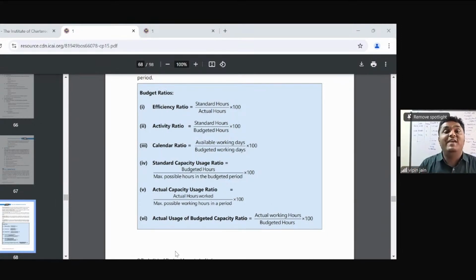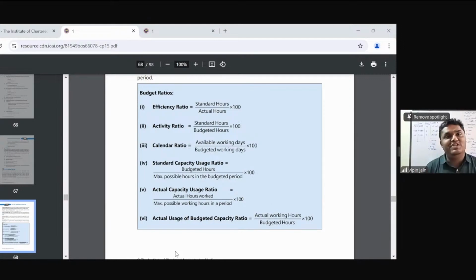So we can say we have worked efficiently, and my efficiency is 100 divided by 80 into 100, so 125. I repeat again, the work was supposed to be completed in 100 hours, but we completed it in 80 hours only. It means we worked efficiently and our efficiency is 125%. This is the efficiency ratio.